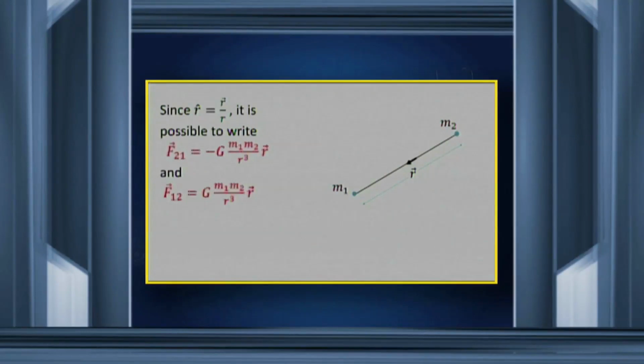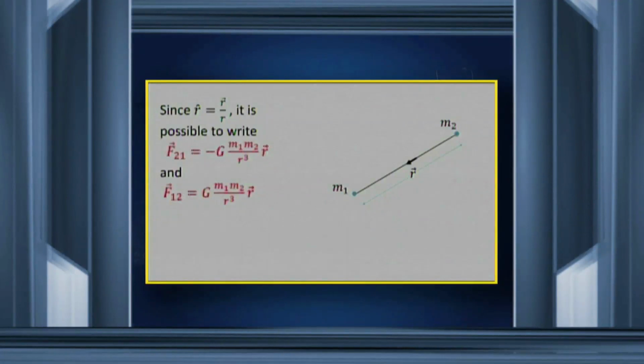Now, since r cap is r vector by the magnitude of r, we can write F21 and F12 again in this form, but the important thing to remember is that F21 is equal and opposite to F12, as required by the third law of Newton.